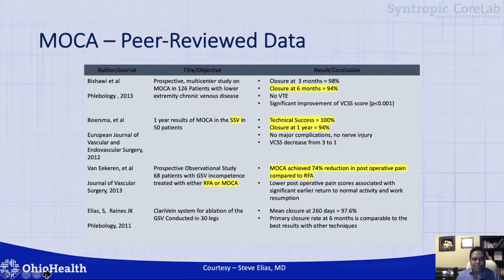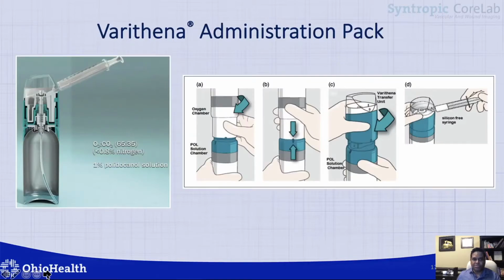Now, when you look at the data on this, there are certainly more number of papers that are published on this technique, also called MOCA. And as you can see, the success rates are pretty high, up to 95% in the great saphenous vein, 94% in small saphenous vein, and these could be done with relatively very little pain because the tumescent anesthesia is not used in these two techniques.